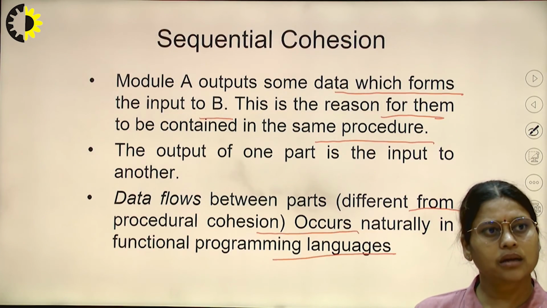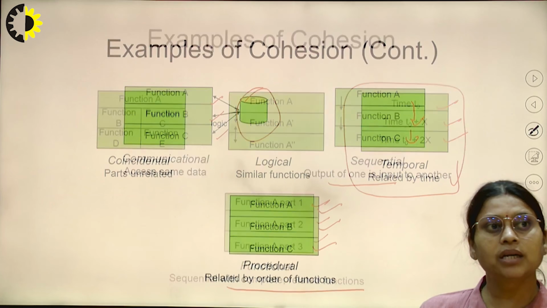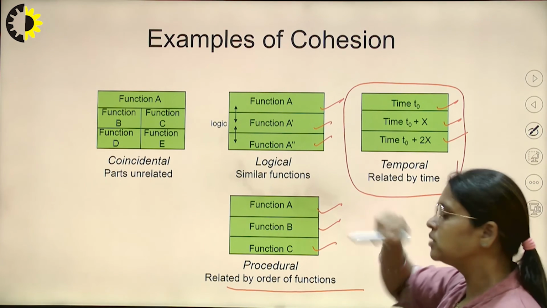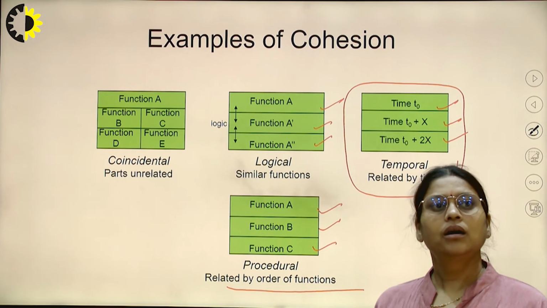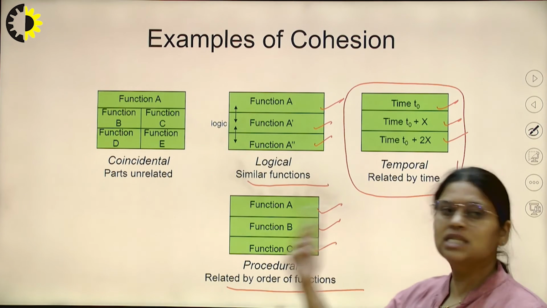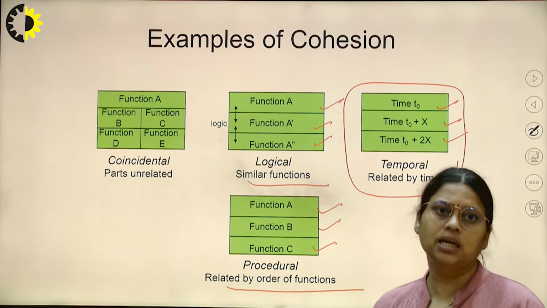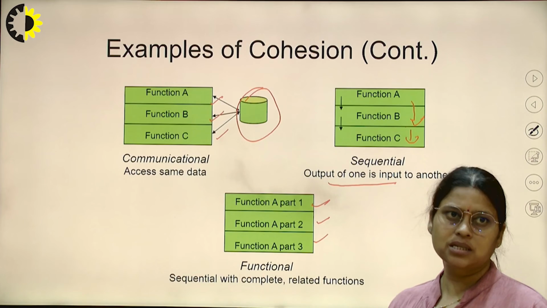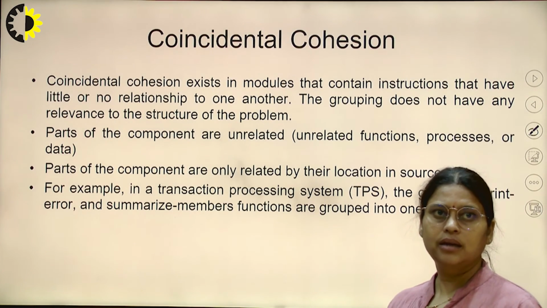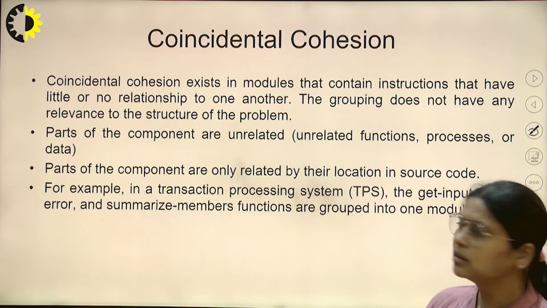They are related with each other logically; the function is not the same, but they perform a similar type of function. This is logical cohesion.